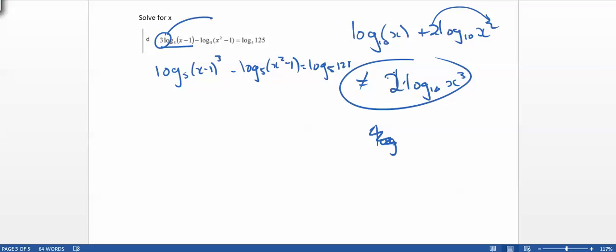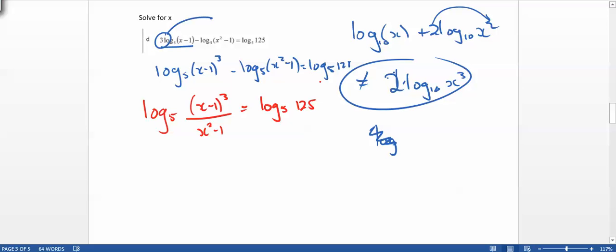Now we can apply our log laws, and we will do so. Log to the base 5 of (x minus 1) all cubed over (x squared minus 1) is equal to log to the base 5 of 125.